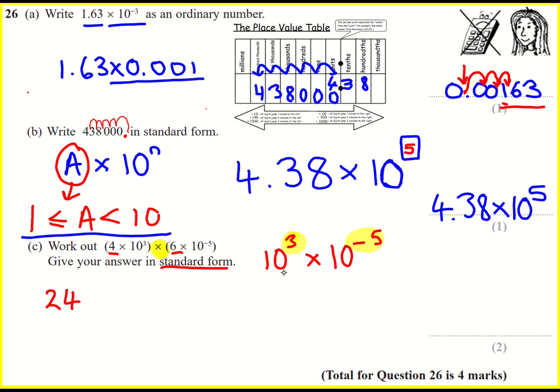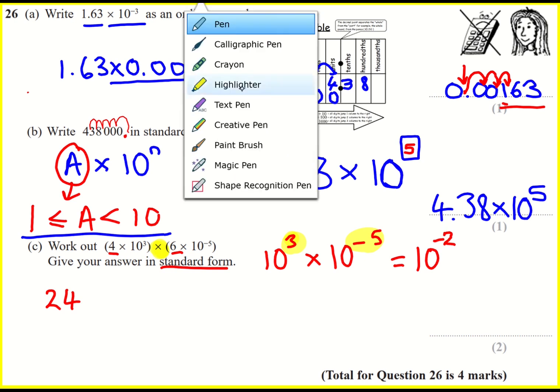So 3 minus 5, or minus 5 plus 3, that would give you 10 to the minus 2, by adding those powers there.